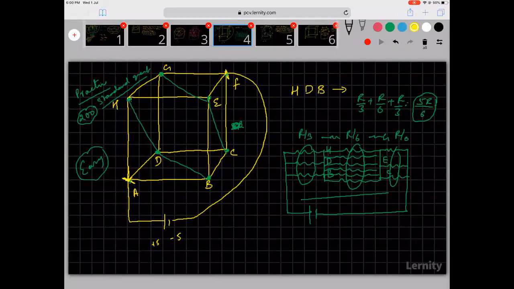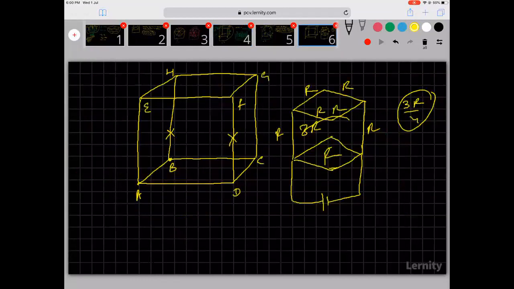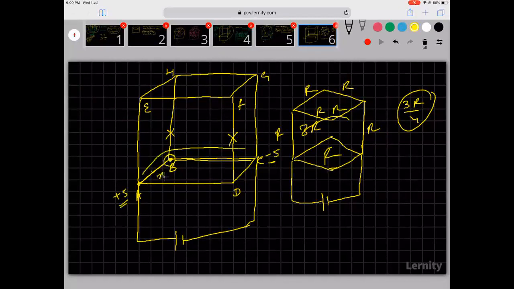Now you see in this particular case, because I am applying the potential here, this path and this path are the same. So here you are at +5, here you are at -5. What do you think will be here? Whatever you have here x, here also x.